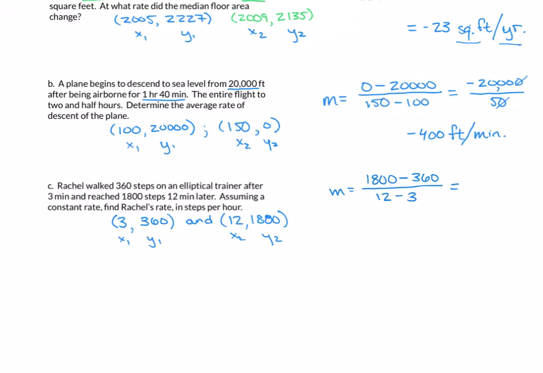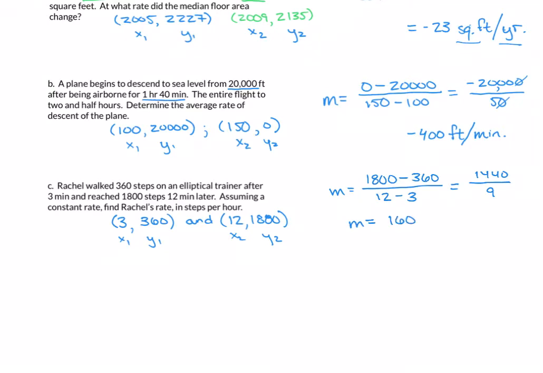If we go ahead and subtract this, we get 1800 minus 360 is 1440 divided by 9. This is going to be 160.